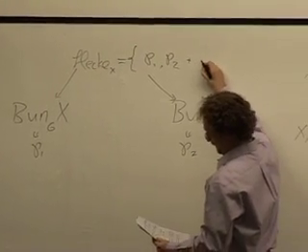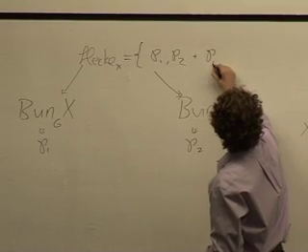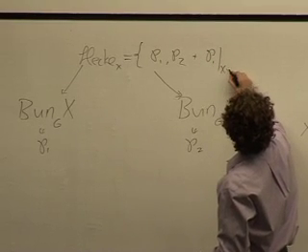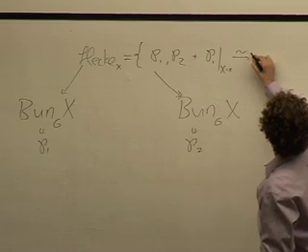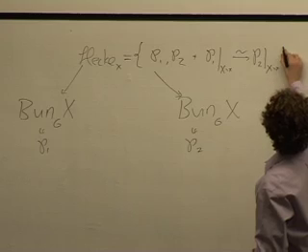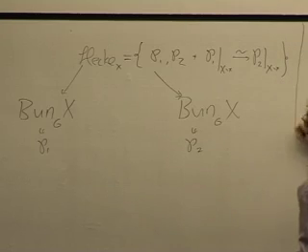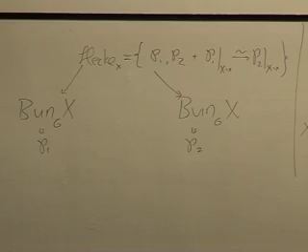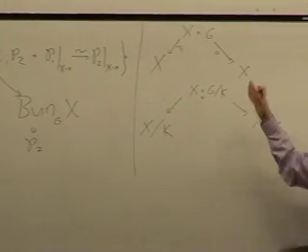We have an isomorphism between P1 on the punctured Riemann surface and P2 on the punctured Riemann surface. So what does this say? We're looking at pairs of G bundles where the only thing that varied from one to the other is at the point x.